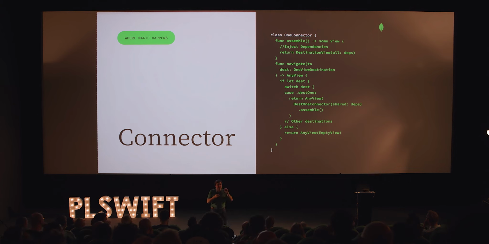So basically, invoking the connector assemble method, it will create that view with all the dependencies injected. The second one is navigate to, and the navigate to takes an enum with a case for each of the destinations that you want to navigate to. And those destinations will invoke the connector.